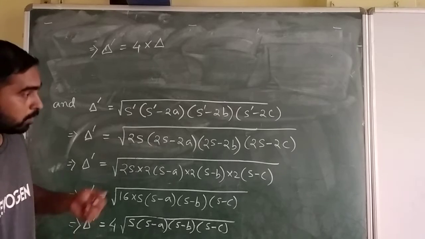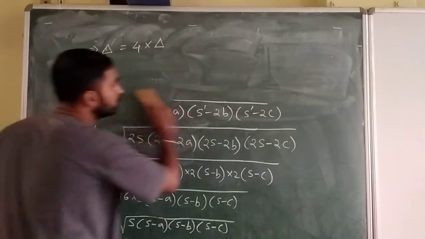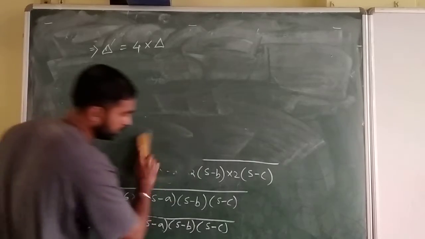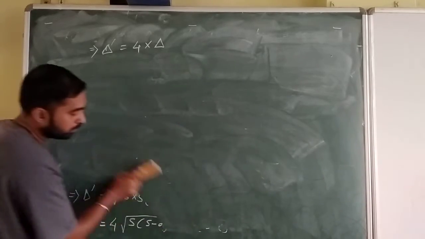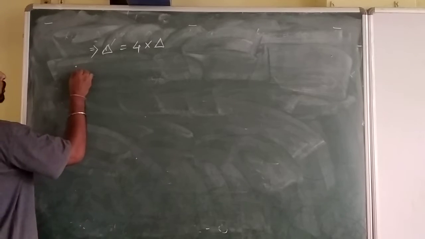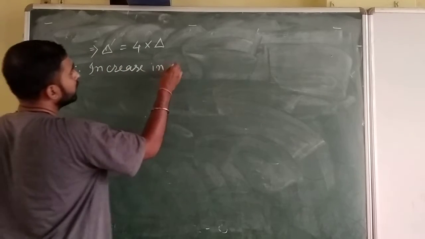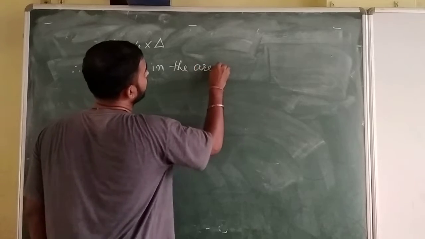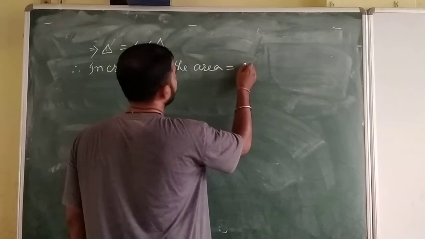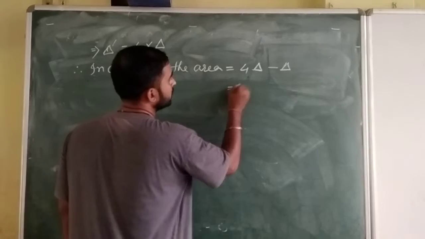Now, the question is, what is the increase in the area of the new triangle? In the new triangle, the sides are double compared to the first triangle. So, what is the change in area? Therefore, increase in area equals the new triangle area minus the older one.